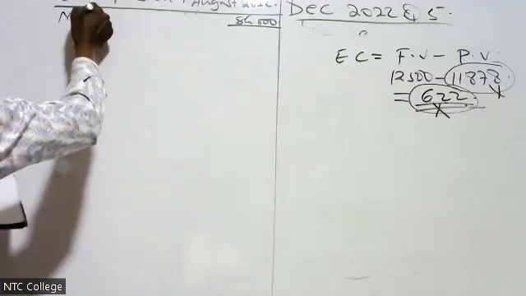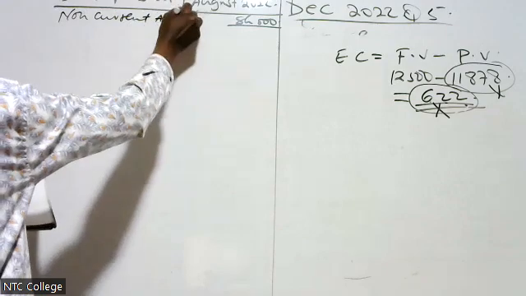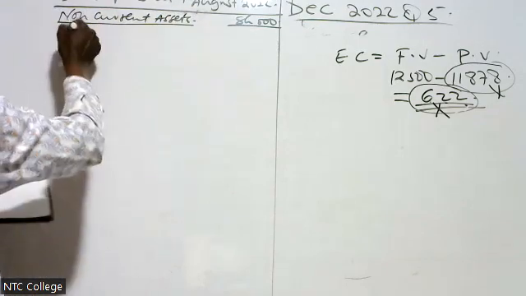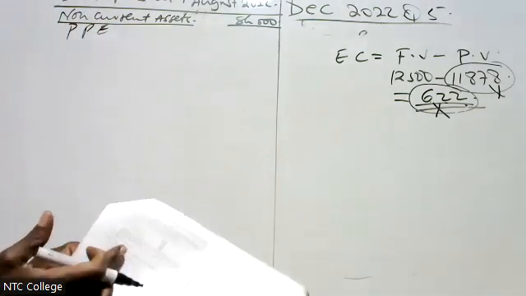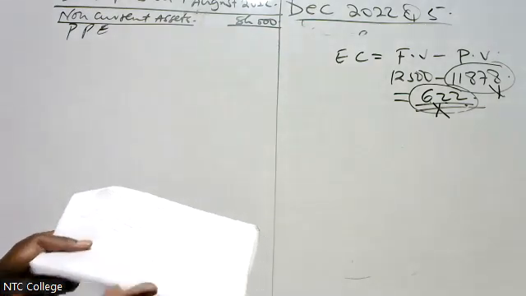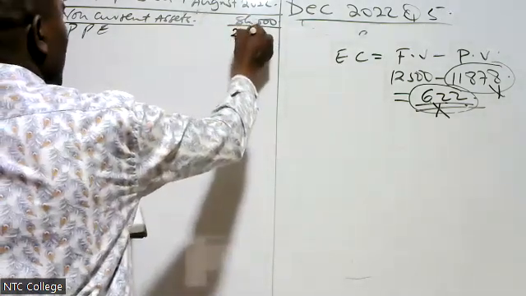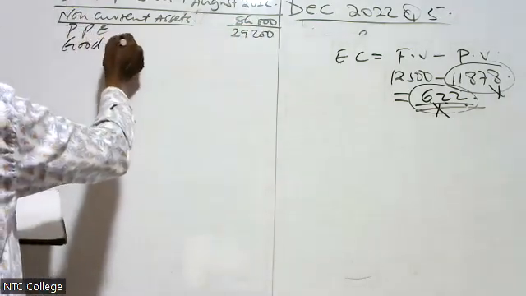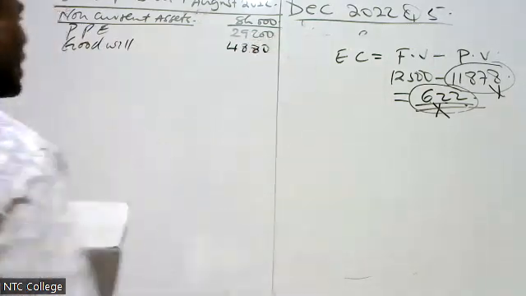We start with non-current assets. Under non-current assets, we have PPE, which is property, plant, and equipment. Assets, you just copy paste what you have in the fair value, nothing else, which is 29. Then goodwill. My goodwill was 48 in the business purchase account.